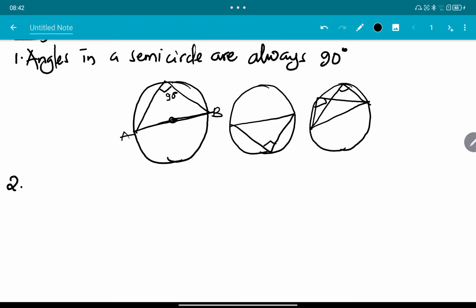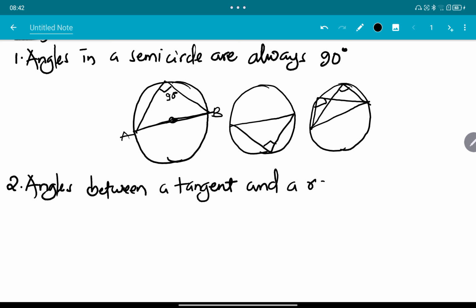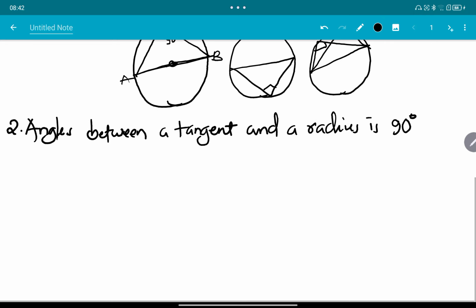Then the second point you also need to know is that the angle between a tangent and a radius is 90 degrees. First of all, a tangent is a line that touches the circumference or the arc of a circle at only one particular point.